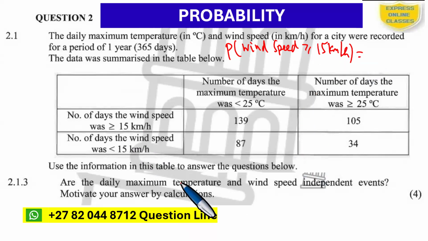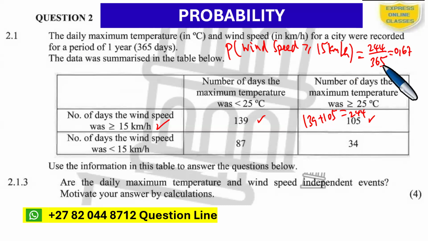If you add this one and this one, 139 plus 105 is equal to 244. You divide by 365, and using a calculator it is exactly 0.67.